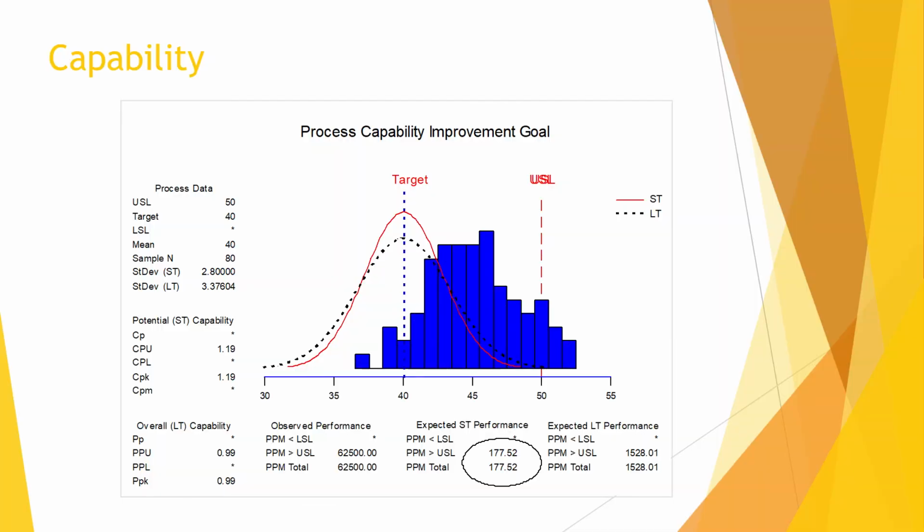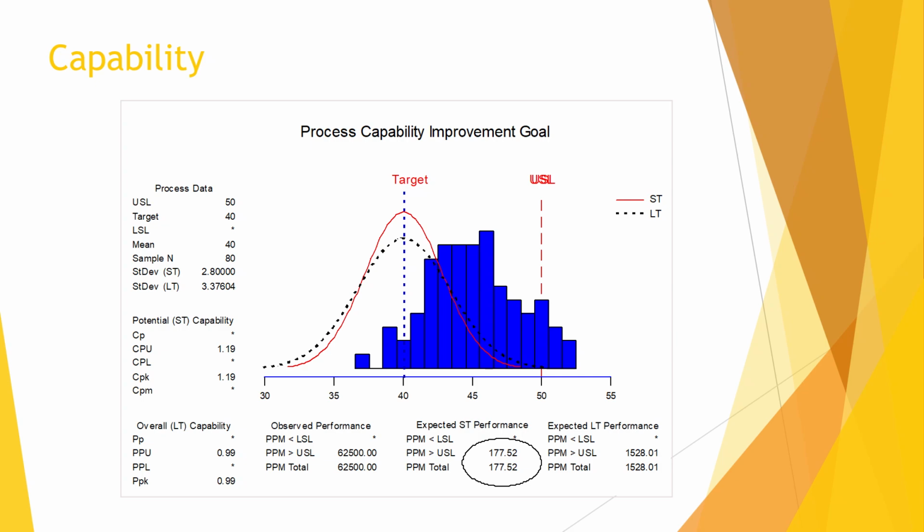Capability. Capability indices include CPK, CPU, and CPL. Every index taps into whether or not your process is capable.